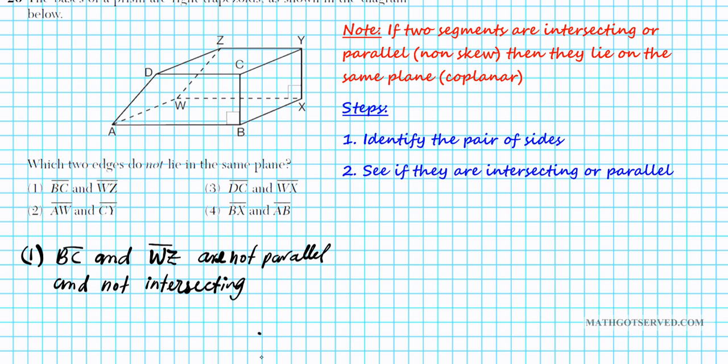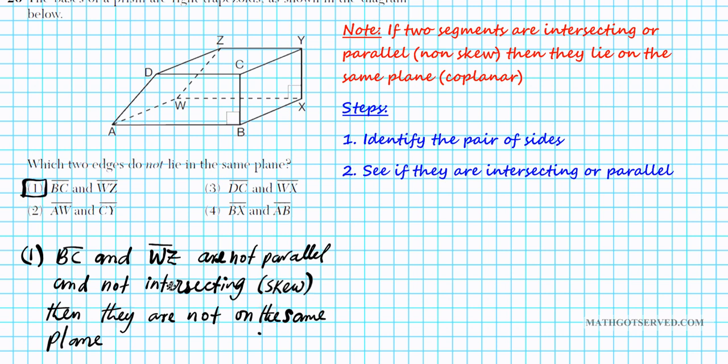Okay, so that's the indication here. They are skew lines. All right, so since they are not parallel and not intersecting, aka skew, then they are not on the same plane. Okay. All right, so that's the answer we were looking for. Our answer is option number one, the two sides that do not lie on the same plane.